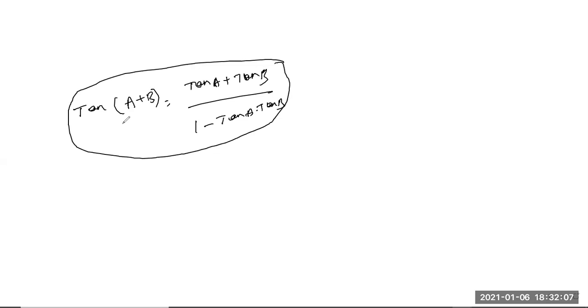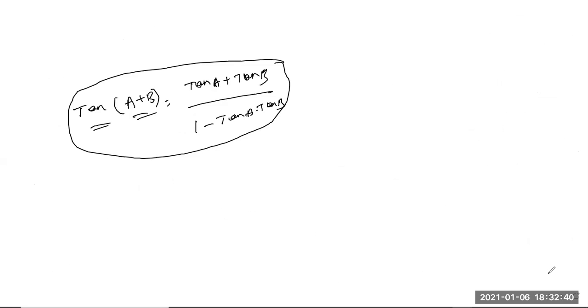If you want to split tangent or any trigonometric angle which is a sum of two angles into individual trigonometric angles, then this is the formula. These are all fundamentals. Before going for higher level solving in the properties of triangles, you need to know whatever I said. There are a lot of other things, but these are the fundamentals.